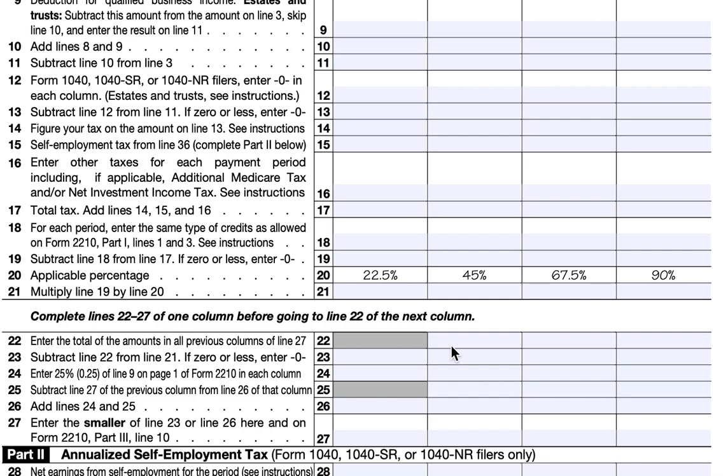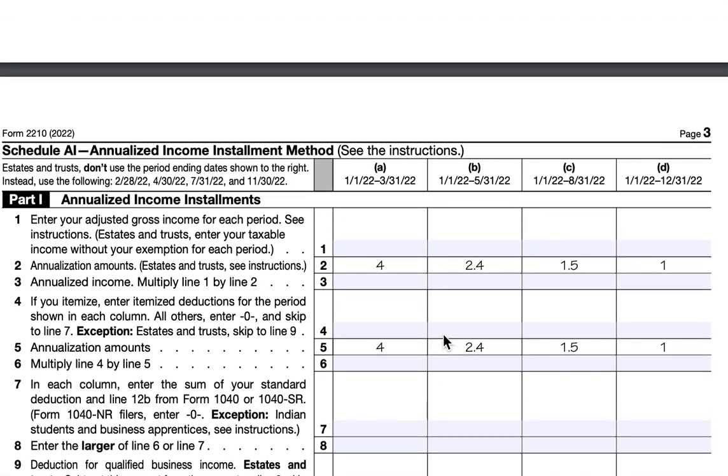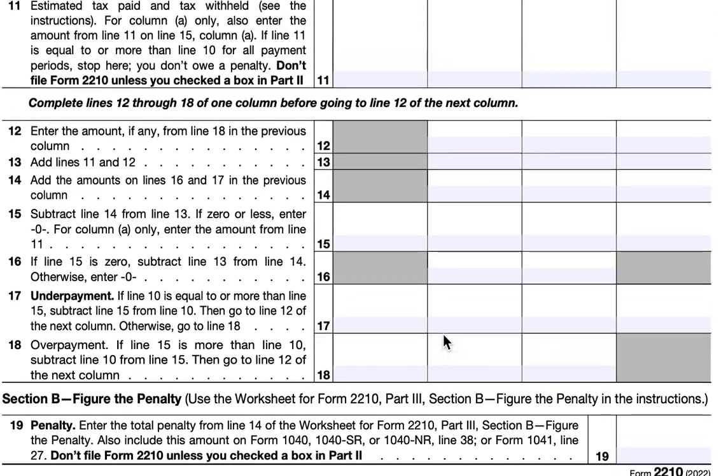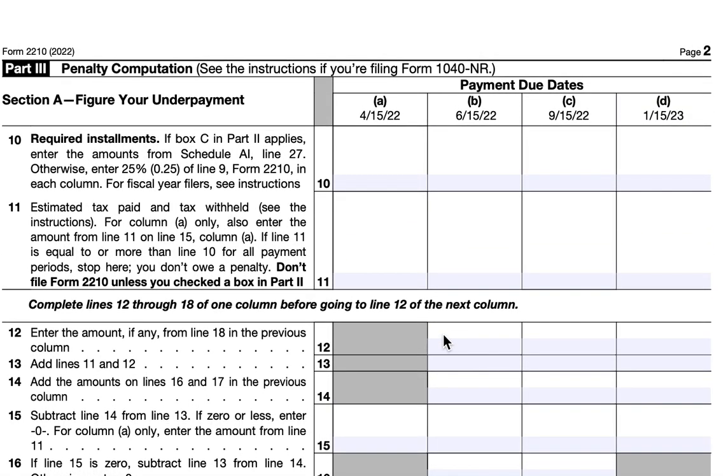So the IRS form instructions do contain more detailed guidance on this if you should want to refer to them. And then line 11 is simply the estimated taxes paid or withheld for each of those periods.